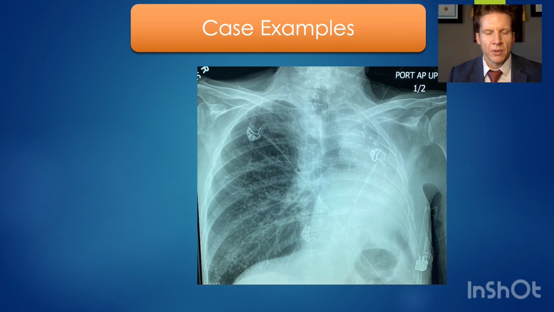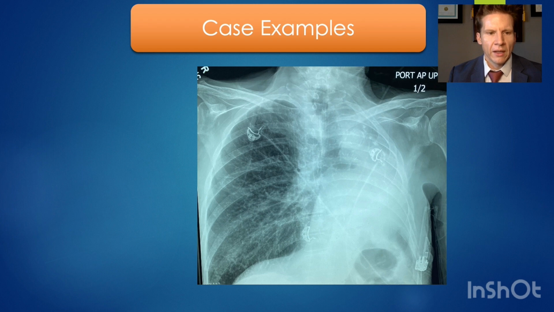So is there something that's taking up space and expanding things outward, or is there volume loss and sucking things inward? And now in this case, it's pretty obvious that there is volume loss with retraction of the clavicle, displacement of the mediastinal structures in the trachea to the ipsilateral side.